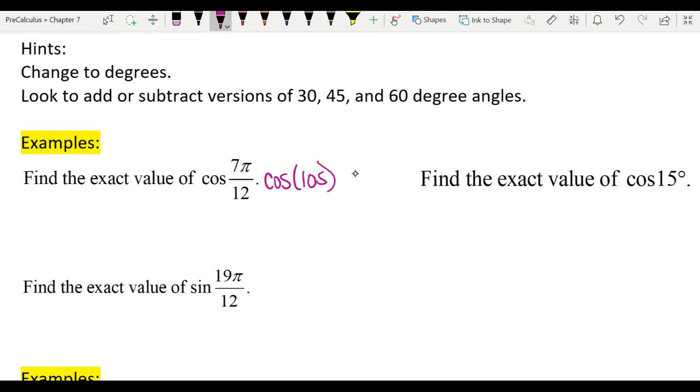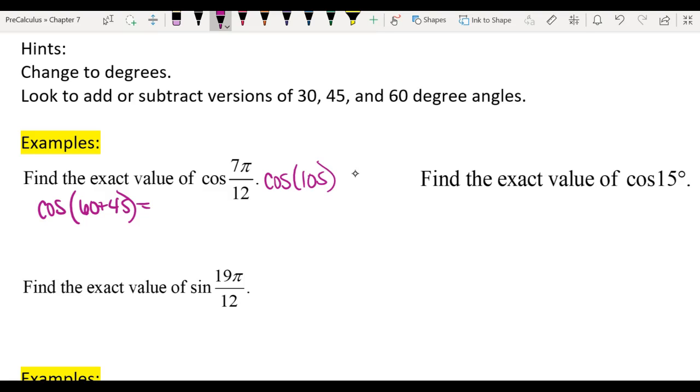What two numbers add to get you 105? 45 and 60. So you have the cosine of, I think I said 60 plus 45. It doesn't matter the order you put it in. You'll still get the same result. Okay?